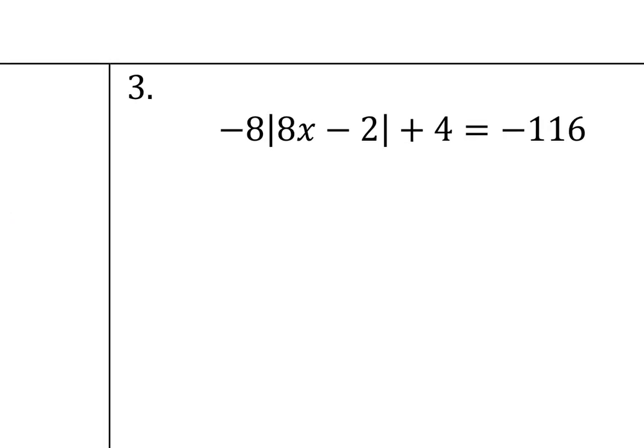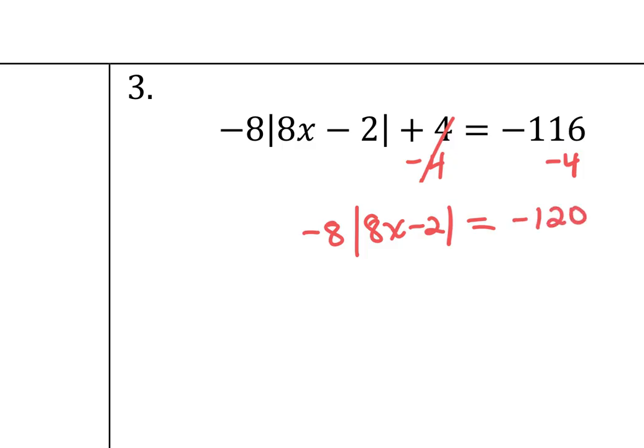And when you do, we're going to undo the constant first, just like we always do when trying to isolate a variable, or in this case, the absolute value bars. So then we have -8 times the absolute value of 8x minus 2 is equal to, when I do this subtraction, -116 minus 4, I get a -120.